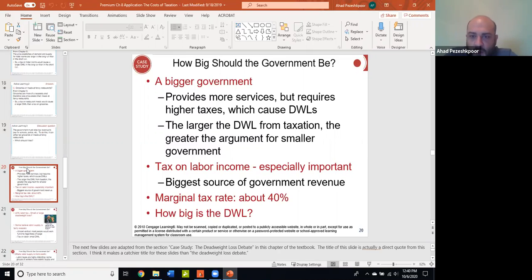For example, I pay taxes. I look at my paycheck, and I can see that this much money was deducted from my paycheck as taxes. Why is that? Remember, taxes are very clearly directly related to elasticities.